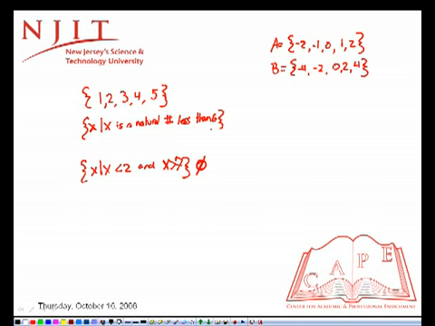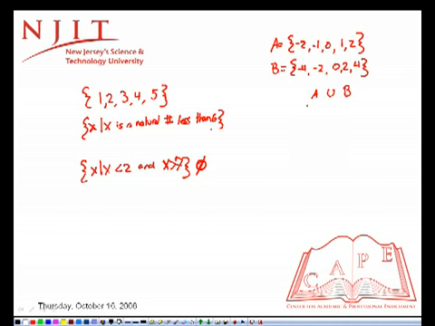The first thing we can look at is a union of two sets. A union of two sets is denoted like this. This U, this upright U, means the union of the two sets. So what does that mean?